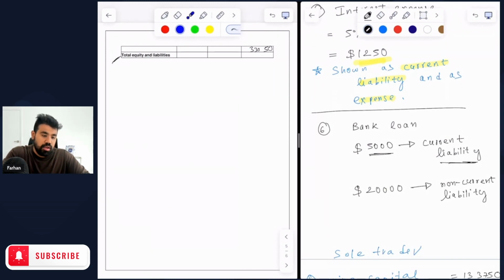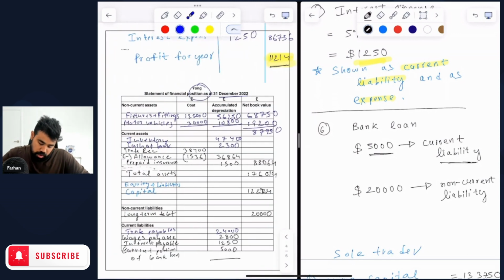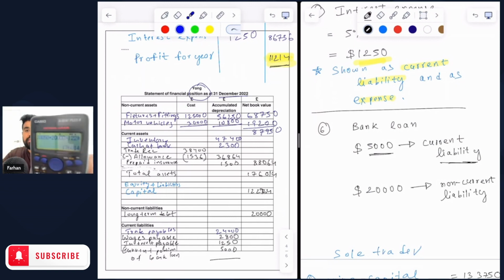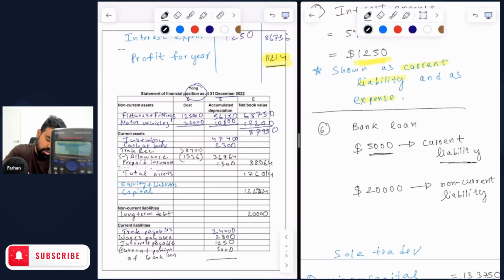So let me do it. 33,050 is the total for current liability, plus 20,000 for non-current liability, plus the closing capital of 122,964 that we had calculated, and that gives me 176,014. I'm just going to write that here.